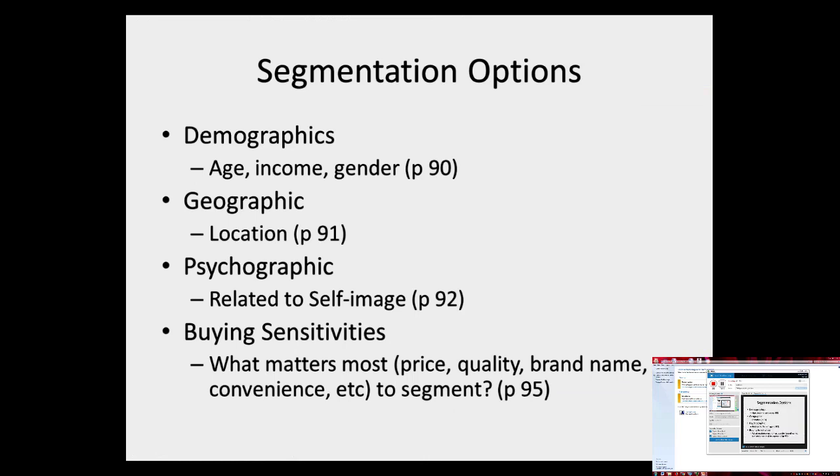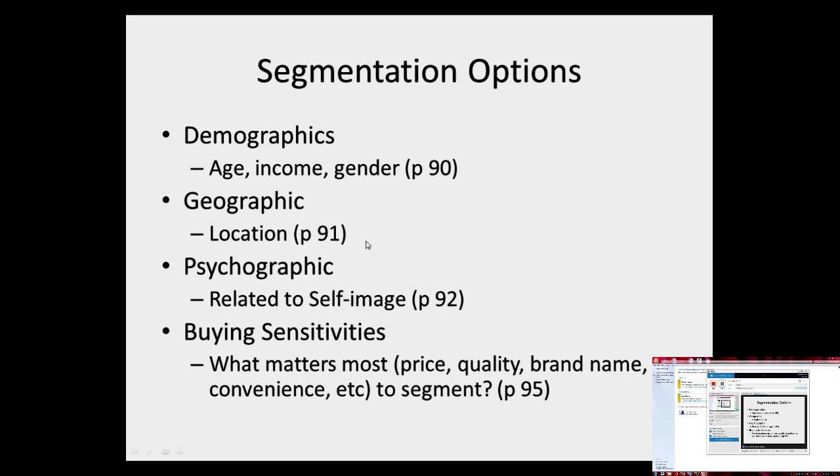Here's a list of options. You could base it on demographics, as I mentioned before. You could base it on geographic location. We'll talk a little bit about if there's anything that's local, where let's say a restaurant, obviously you're going to have more people coming that are local. So it's a very local-based competition.